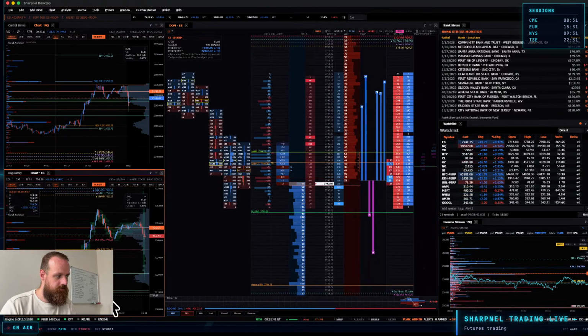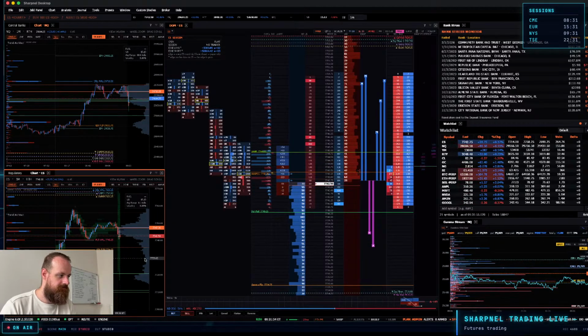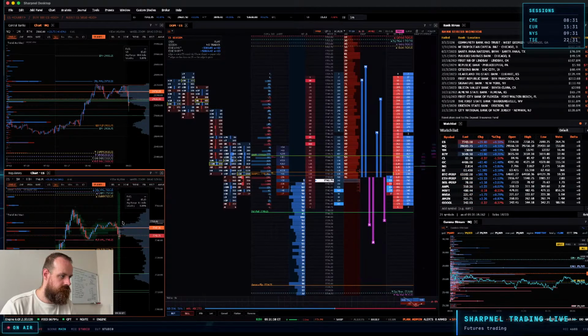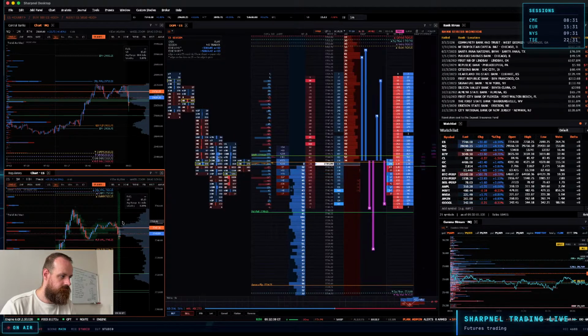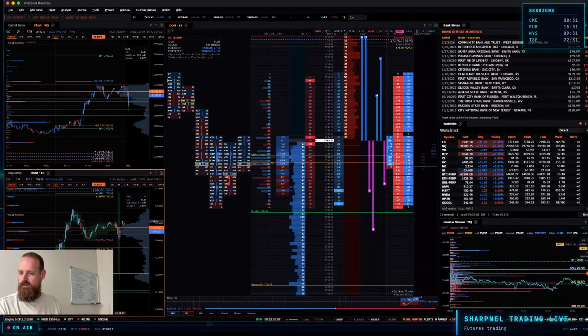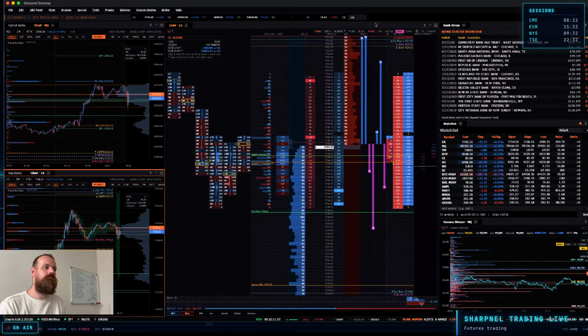And for a symbol with deeper liquidity, deeper books, I think today is a nice day to look at ES and try to trade ES. Now again, the first 10 minutes we are hands off. And we will just watch.